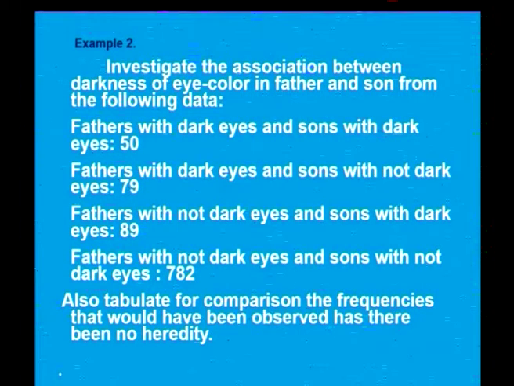Okay. So, first of all, let me read the question. Investigate the association between darkness of eye color in father and son from the following data. So, there are two attributes defined here.